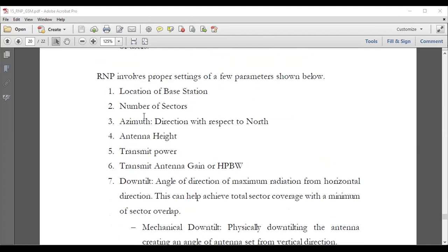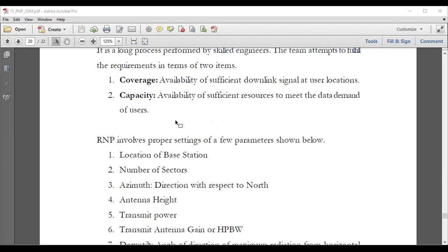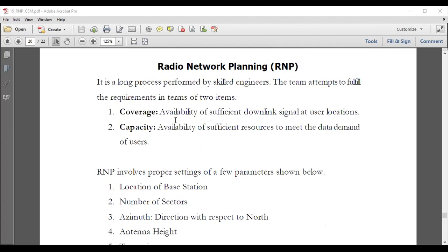They play around with different things like the location of the base station, the number of the base stations first of all, and where you put them, the number of sectors. They also consider where they get the best revenue. The rich people or the corporate people use expensive packages, and you need to make sure that they are satisfied.